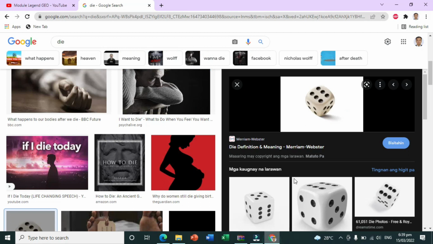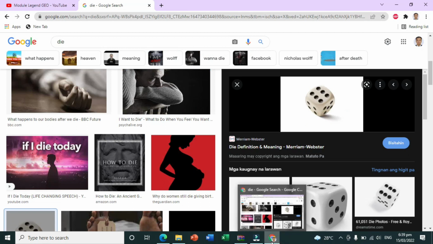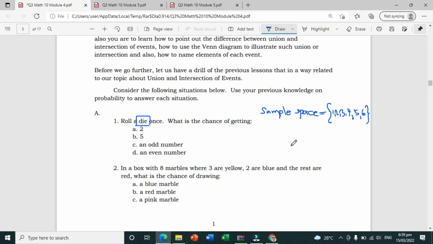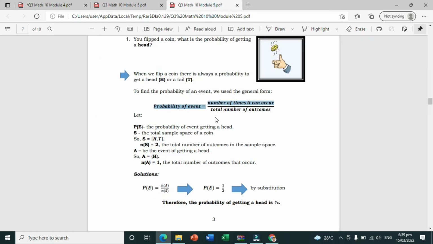So, balikan natin ang die. Ito. I think lahat very familiar in this figure or picture. So, dito sa A, ang event natin dito is yung chance na makakuha ng 2. So, ilang 2 meron sa ating sample space? So, meron tayong isa lang. So, yung probability, balikan natin, ano yung formula? The number of times it can occur.